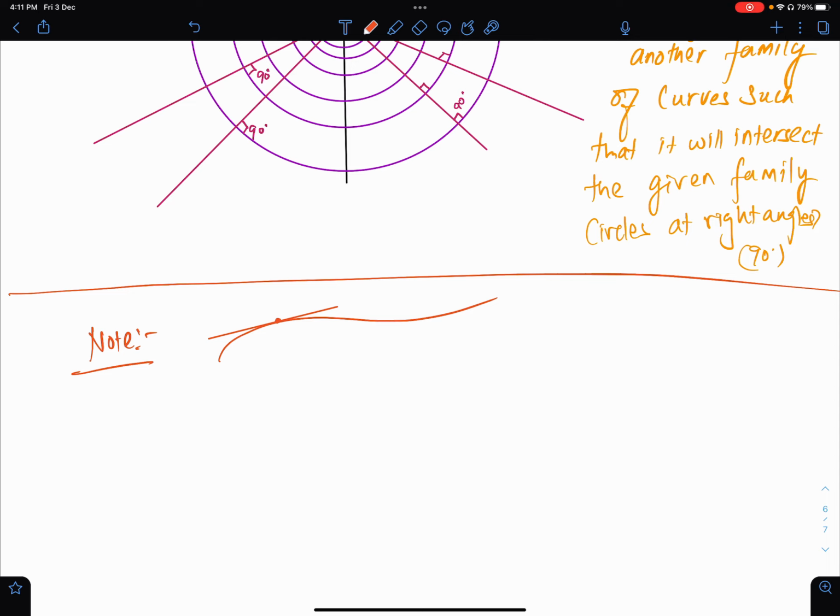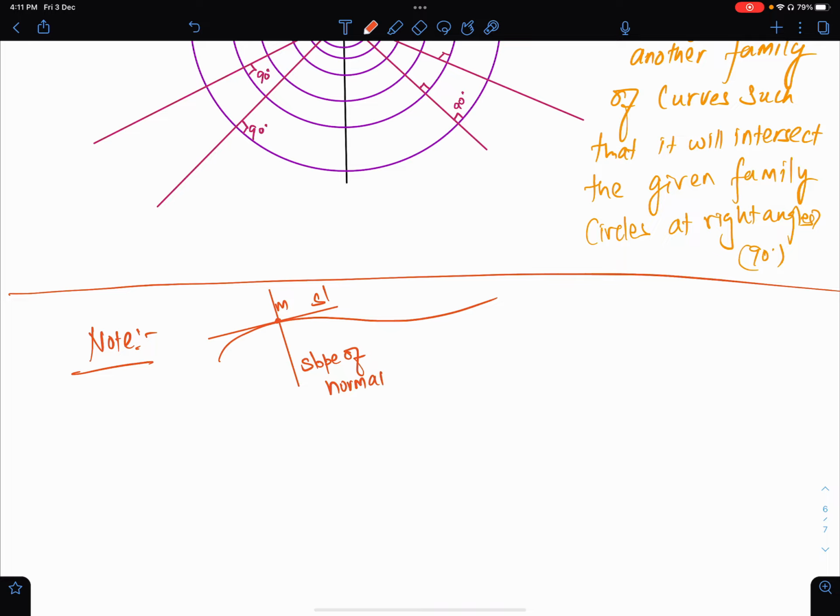Suppose the slope of the tangent is m. If they ask what is the slope of the normal passing through that point, at that point the tangent slope is m.